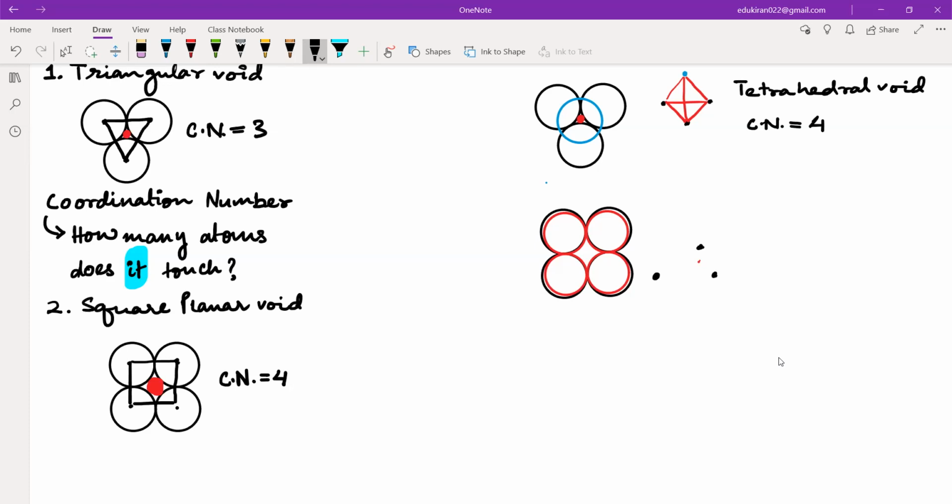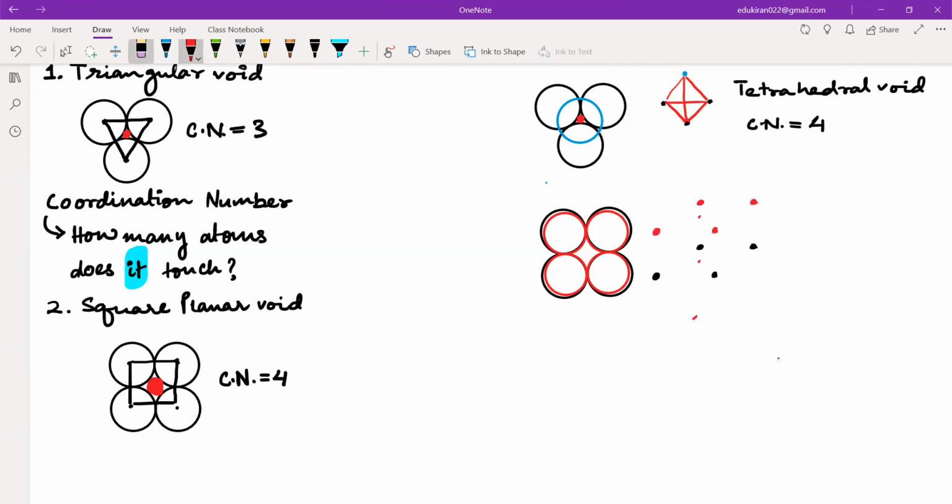Then we have black atoms here and here. And similarly, we have red atoms just on top of them, like this.